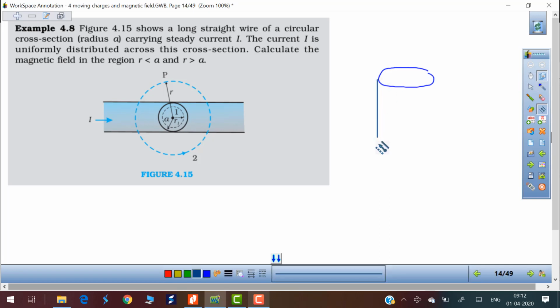This is the conductor. It is long, and the radius is A. From here to here it is A. Can you imagine?